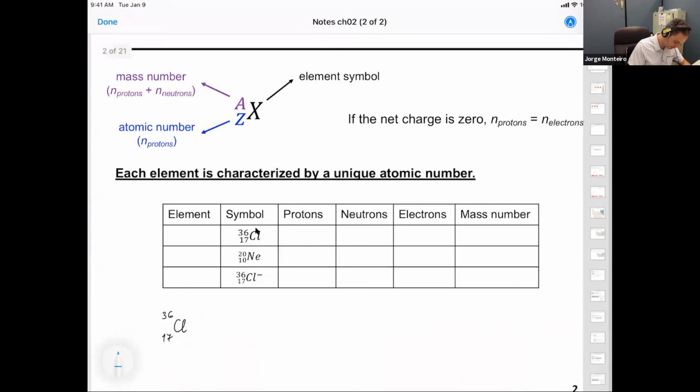First things first, go to the periodic table. The element Cl is chlorine. So that's the very first information that we can get here. So we are talking about chlorine.